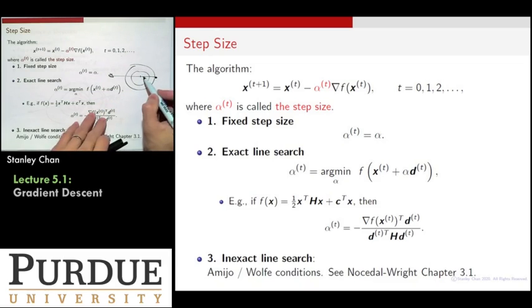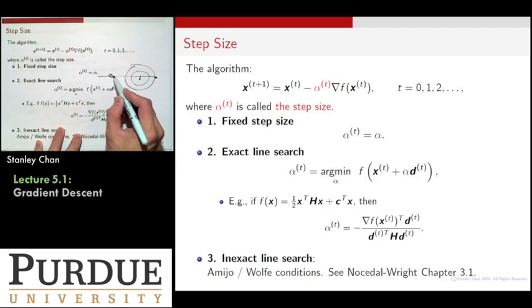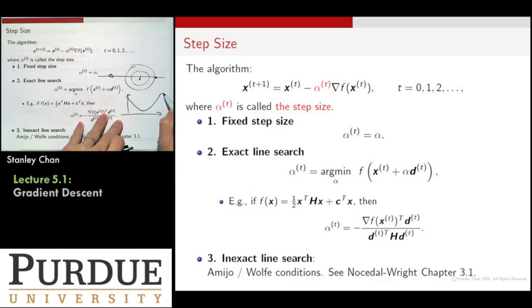When you go to this point, it is not necessarily the minimum point, because you may still want to travel further. But if you take a cross section of this line, you get a one-dimensional curve. Sometimes it will be like this, but sometimes you will also have another bump here, maybe another bump here. It depends on where you are at. You start with 0, and then you search along the search direction, and you want to pick a step size such that you will hit the minimum.